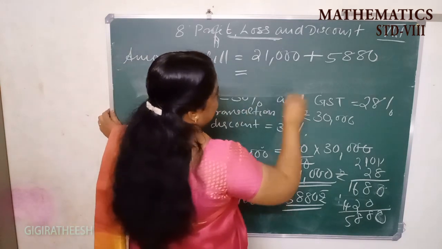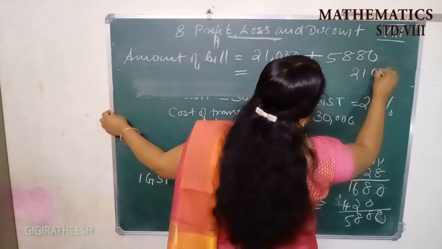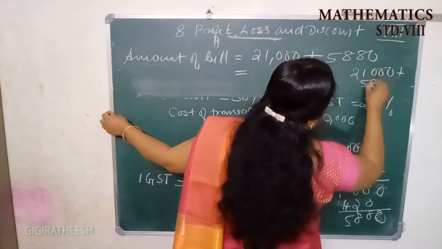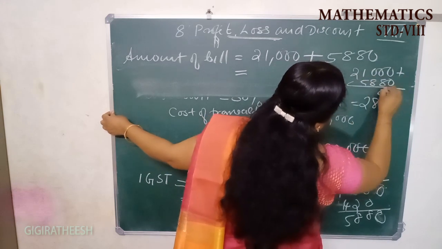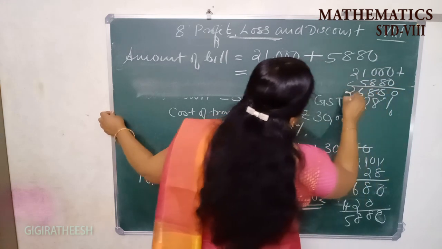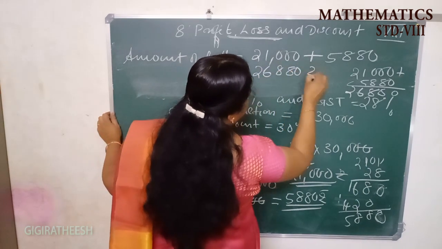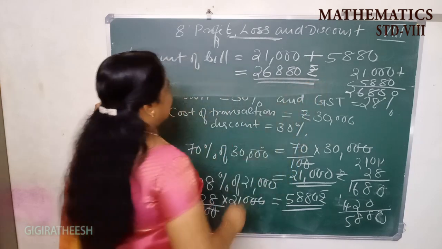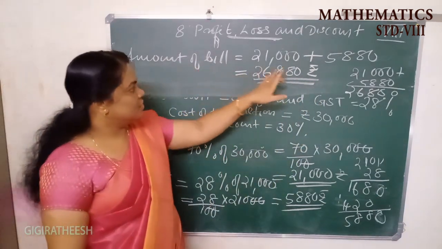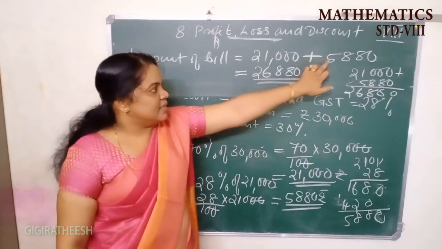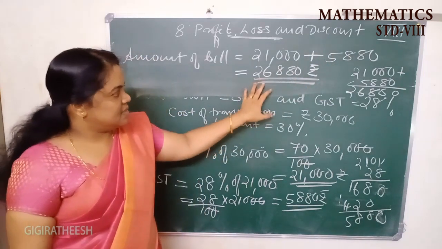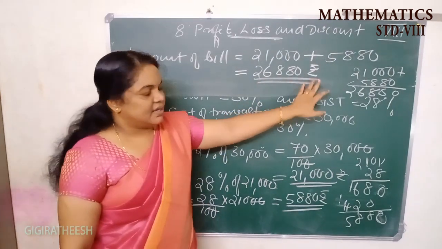We get 21,000 plus 5,880, which is 26,880 rupees. The total amount of bill is equal to the amount after discount plus IGST, that is 26,880 rupees.